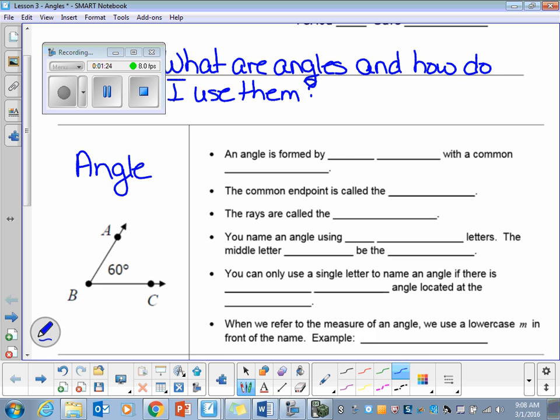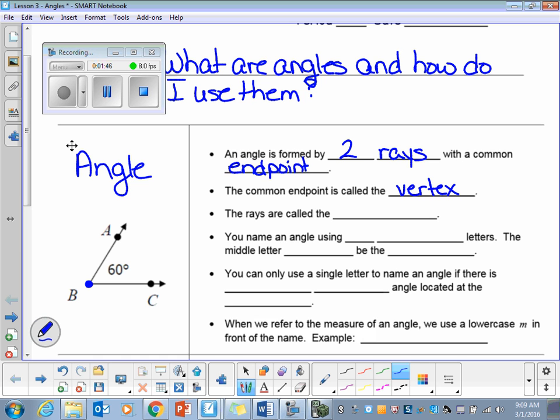An angle is formed by two rays with a common endpoint. The endpoint, looking at this example, is right here. That is called the vertex.